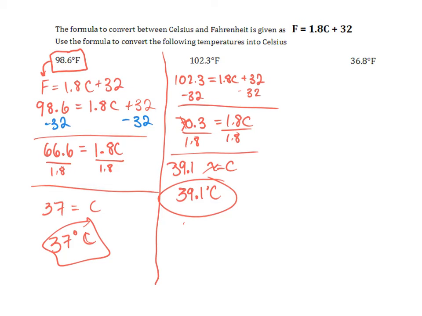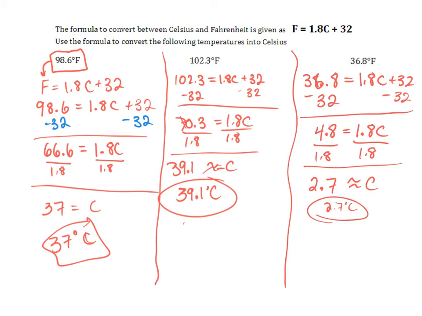And the final example will be to convert 36.8 degrees Fahrenheit into Celsius. So I'm going to plug that in for F. If you want to pause the video and do it yourself, you're welcome to. I'm plugging this in for F, and I'm going to solve this for C. So I went ahead and solved this for C, and I followed the same steps.